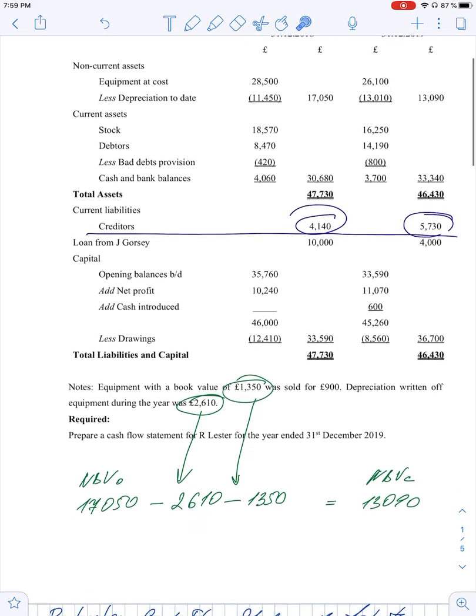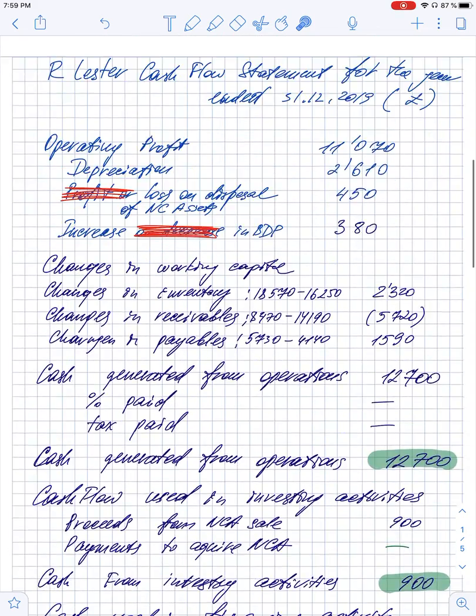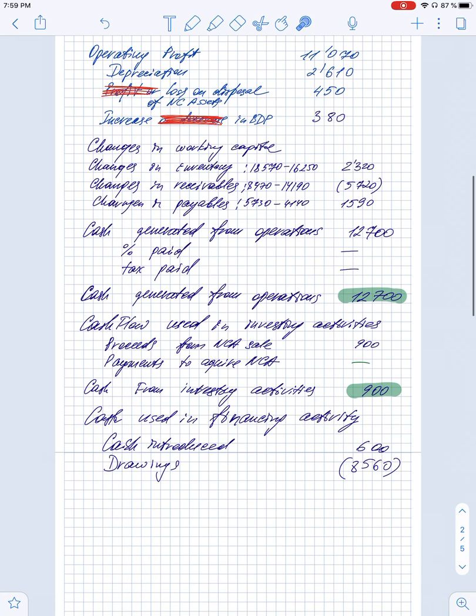And now we have to show the effect that repayment has on cash, on the bank account of the company. Of course, that led to a decrease in cash. So loan repayment leads to a decrease in cash by 6,000 for that particular case.